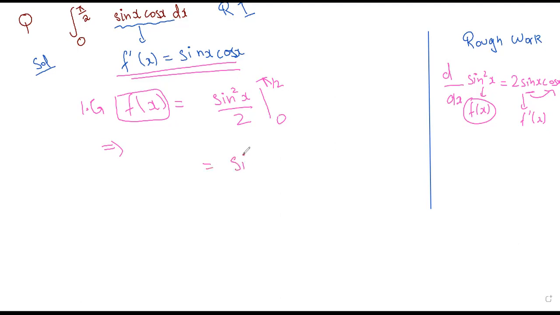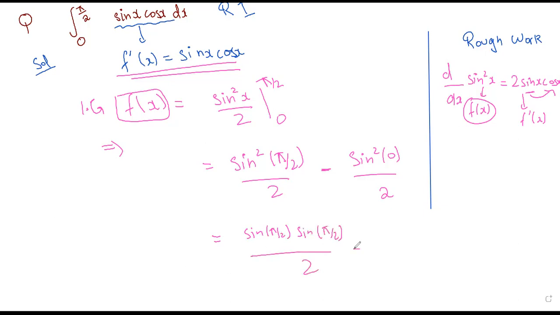So we'll have sine square pi by 2 minus sine square 0 by 2. Now just think of the sine graph.